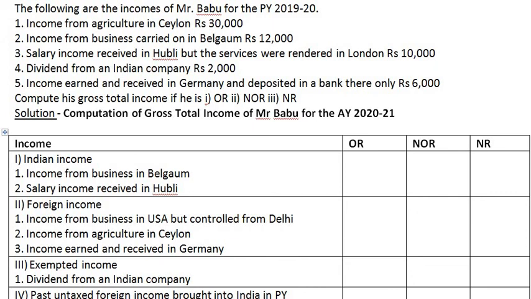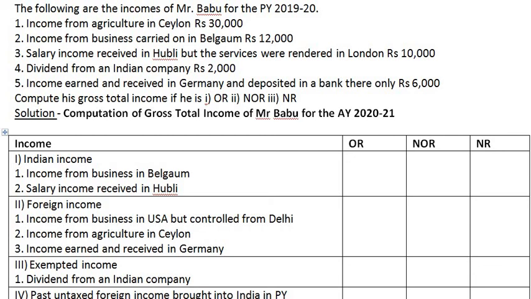Next, salary income received in Hubli but the services were rendered in London, rupees 10,000. Dividend from an Indian company, 2,000. Income earned and received in Germany and deposited in a bank there only, rupees 6,000. You are asked to compute his gross total income if he is ordinary resident, not ordinary resident and non-resident.